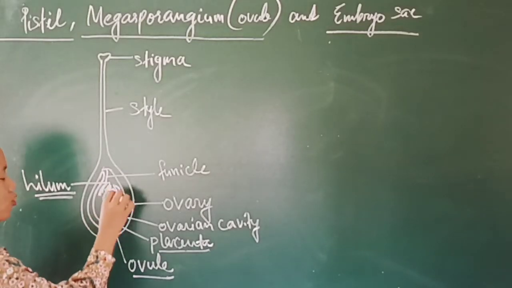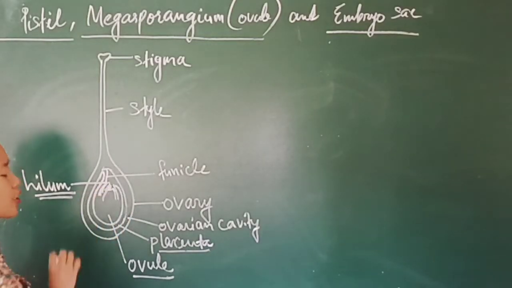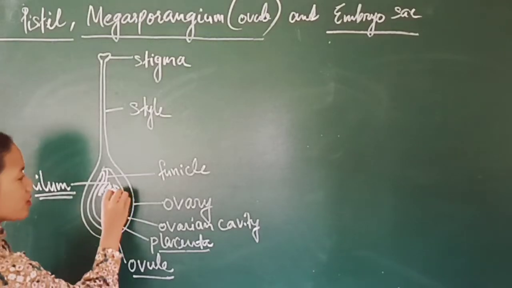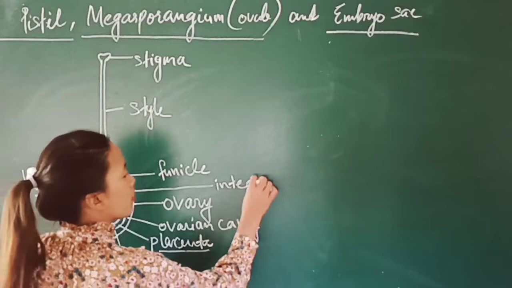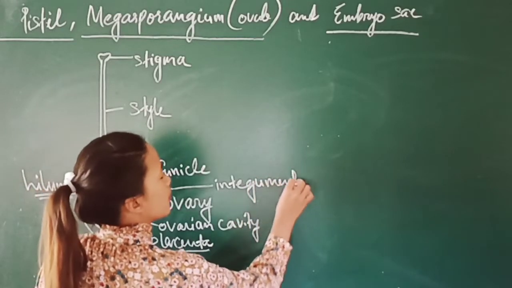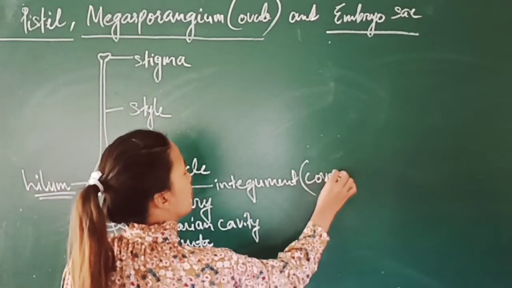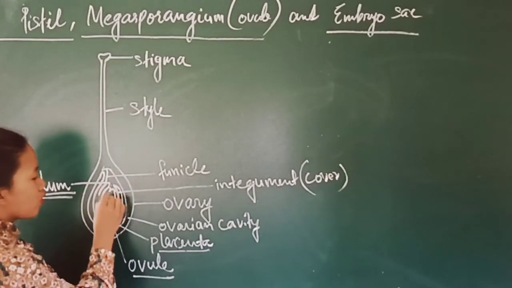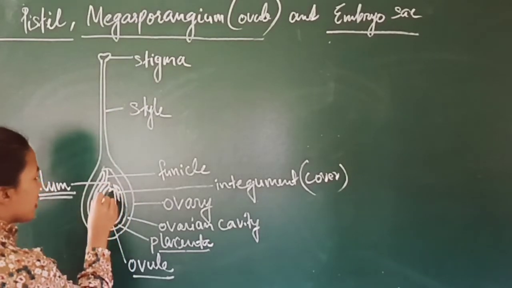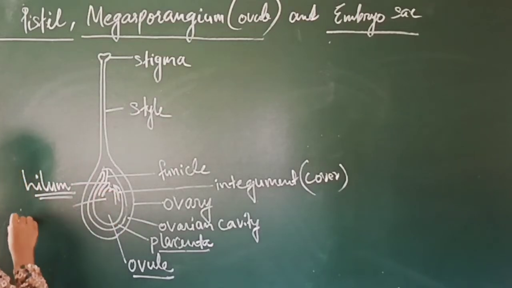Now in this ovule they have these integuments. These are the integuments. Integuments means just the covering, okay, cover. Now inside these integuments you will find another layer called the nucellus. Okay, let me just write it down here. Nucellus.